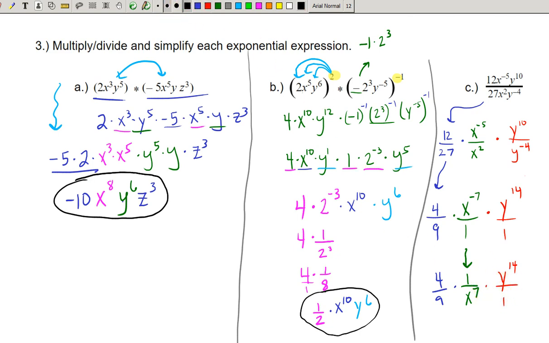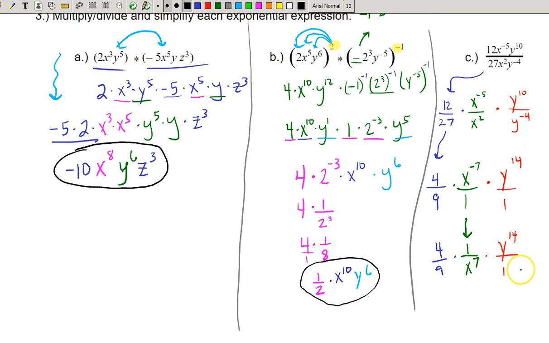Now the very last thing, my answer here, I can just multiply the tops and the bottoms together. So on the top I have a 4 times a 1, so 4 times y to the 14th, divided by 9x to the 7. And so that is going to be my final answer.